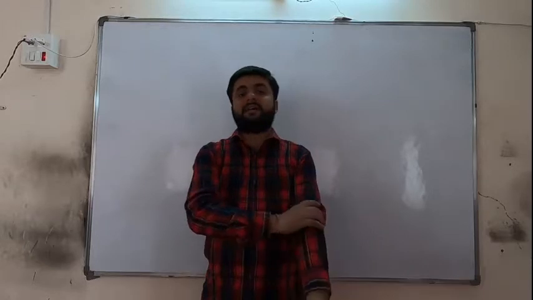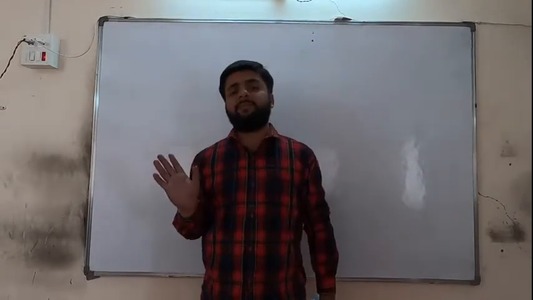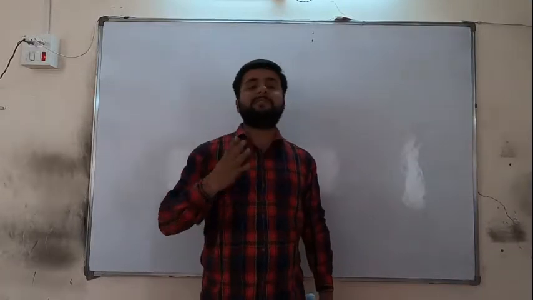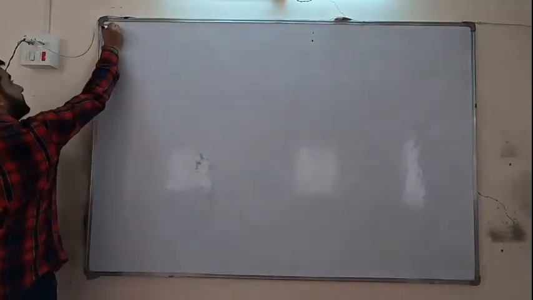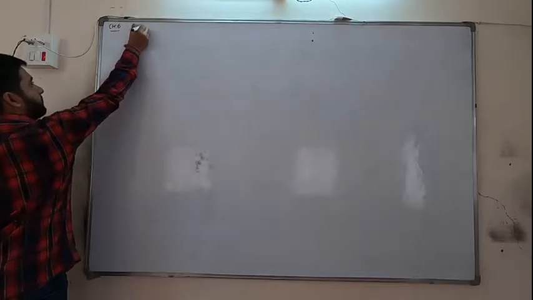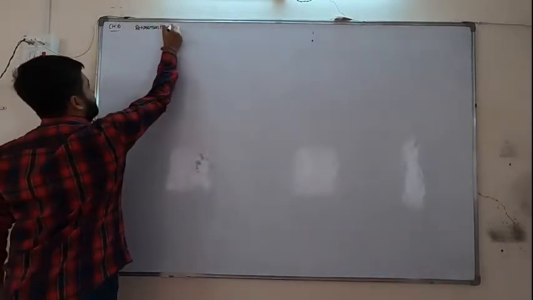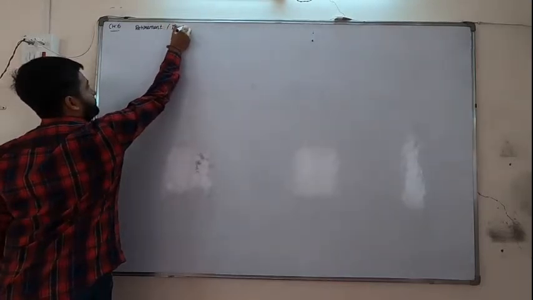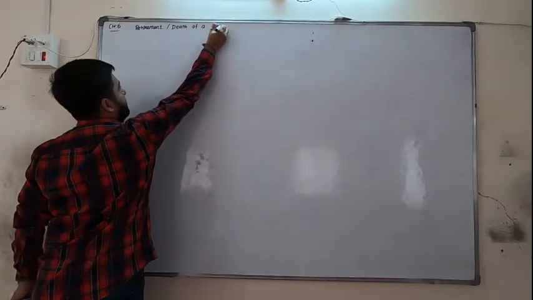Now directly we are starting the 4 cases for P&L ratio. This is the same as the previous chapter, so it will be a little bit easy for you. So we are writing the name of the chapter. Chapter number 6: Retirement or death of a partner.